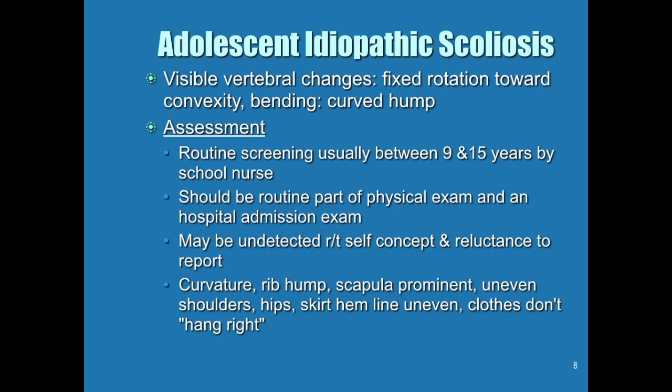So once again, we're looking for curvature, a hump in the rib, the scapula is more prominent, the shoulders are not even, the hips are not even, and if they're wearing a skirt, the hemline is going to be lower on one side than the other. Or you're going to look at that kid even when they have on these big baggy clothes, and you say, something just doesn't look right. Have that kid go see their doctor or the nurse.